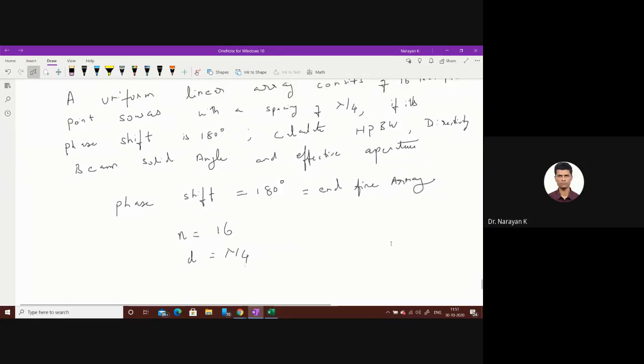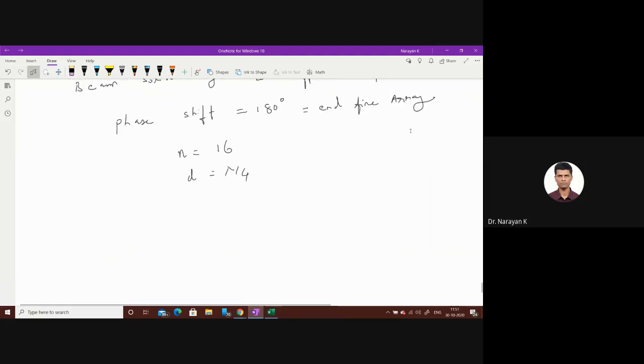If the number of elements is quite large, it will be N minus 1 into d. Since there are 16 elements, it is in double digits, so I will consider L is equal to N minus 1 into d. So this will be 16 minus 1 into lambda by 4, which is 15 lambda by 4. This is your length of the array.